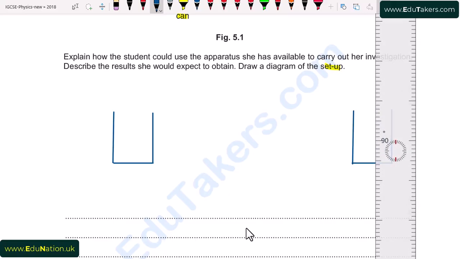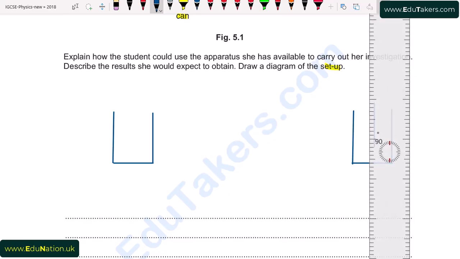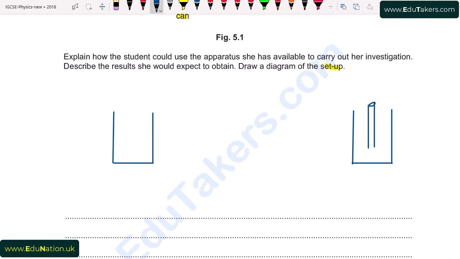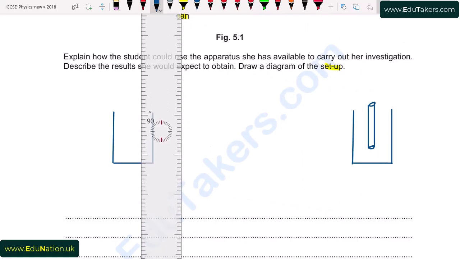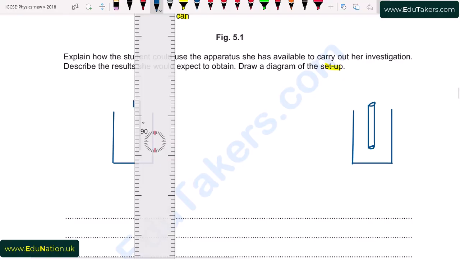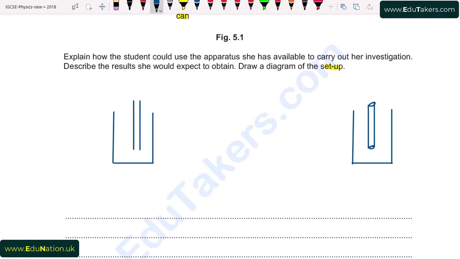Now I am going to place the thermometer here. I write here it's a polished can. And this one is the black can.